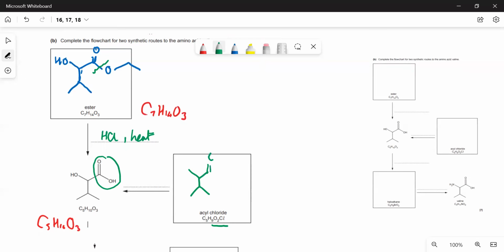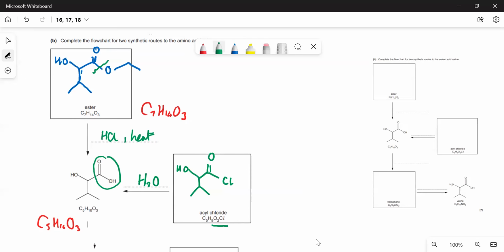Instead of an OH, you have a chlorine there. So that's what the acyl chloride looks like. And literally just water, you don't need to heat it up or anything, it reacts very quickly with water to hydrolyze the acyl chloride into a carboxylic acid.